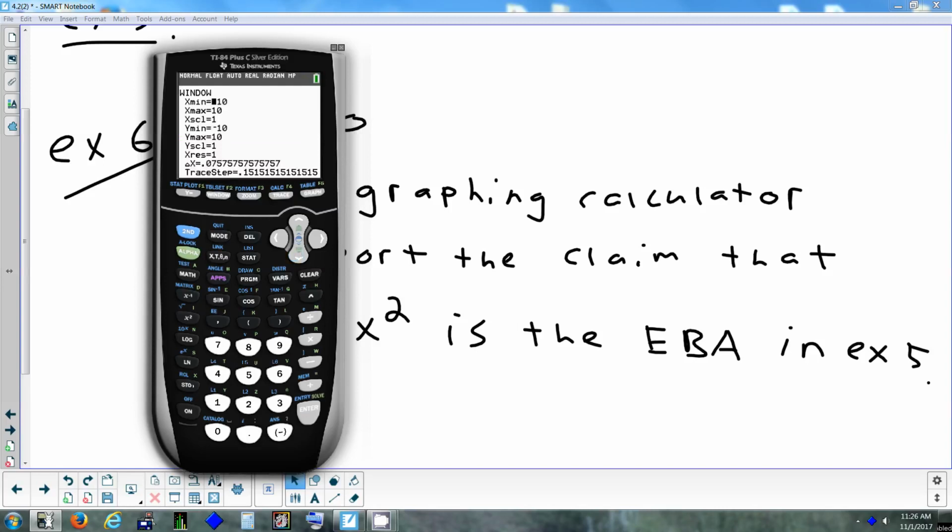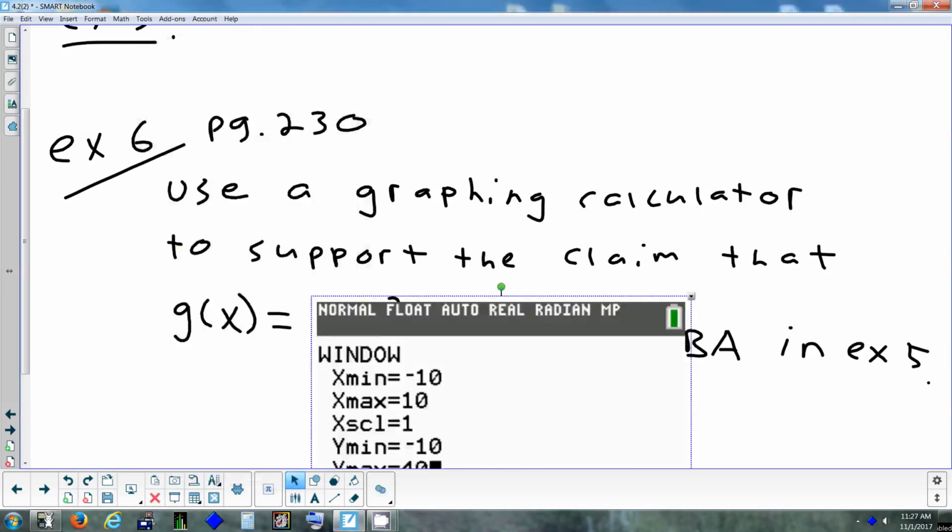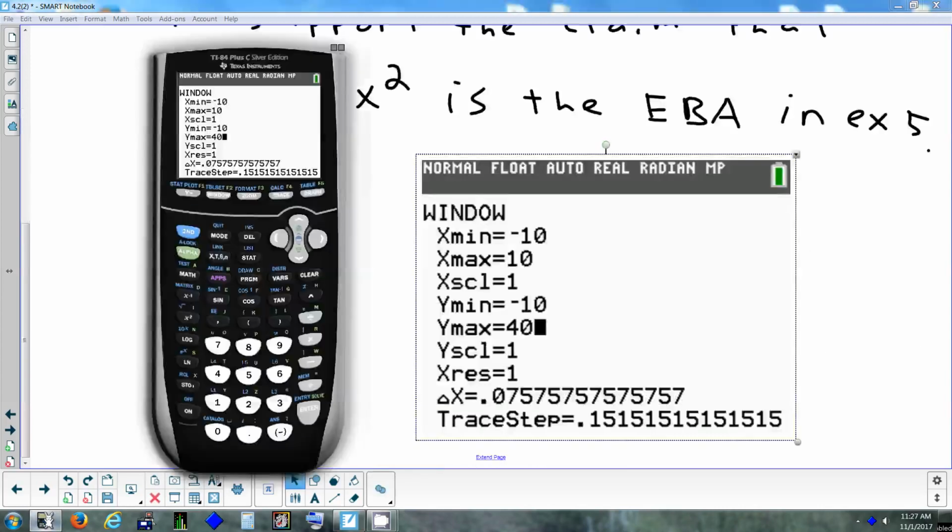Okay, for your window, let's set the Ymax at like 40. Okay, you can keep everything else the same, negative 10 and 10. Okay, so set, I'll put this on here so you can see it. Set that as your window.